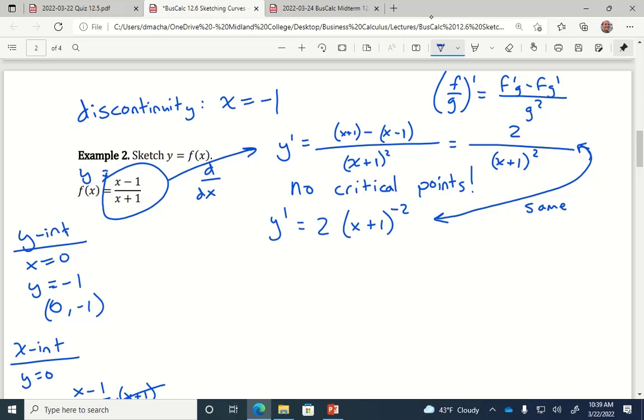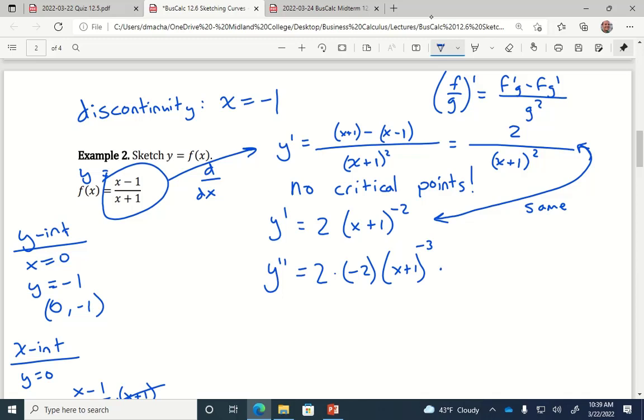Okay, now that I've done that, taking the second derivative is super easy. It's just using the derivative power rule and kind of the chain rule, but it's not super necessary. So like 2 stays the same, it's a constant multiplier. Then I multiply by the negative 2, so I bring down the negative 2 from the exponent. And then I have x plus 1 to the power negative 2 minus 1, which is negative 3, times the derivative of my inside function. But the derivative of x plus 1 is just 1.